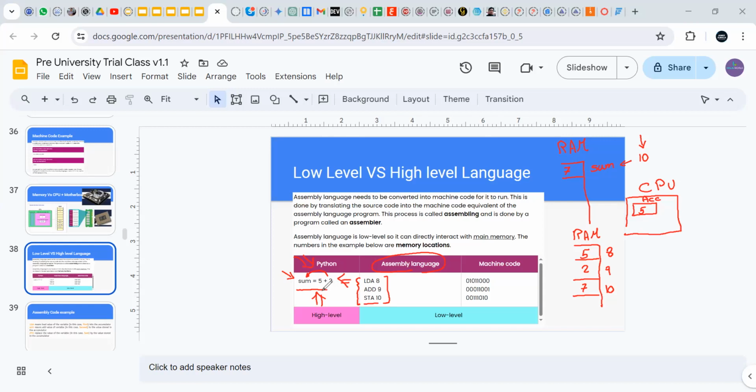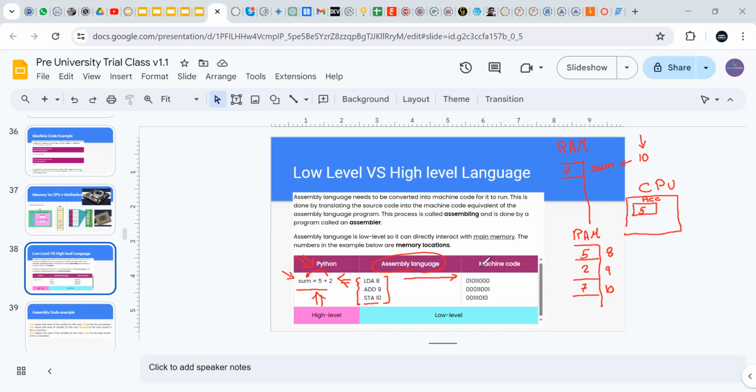But the point here is that a low level language can translate to something called machine code, line by line. As you know, the computer from inside is a piece of metal. It doesn't understand anything.